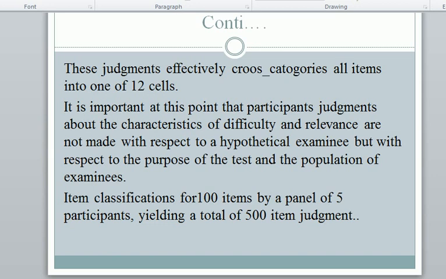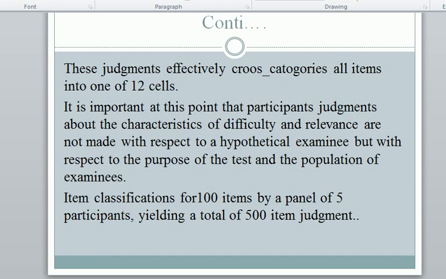It means the judges analyze the items in 12 cells. It means item difficulty levels 3 and relevance levels 4, so 3 multiplied by 4. So the test items are analyzed by putting them in these 12 cells.